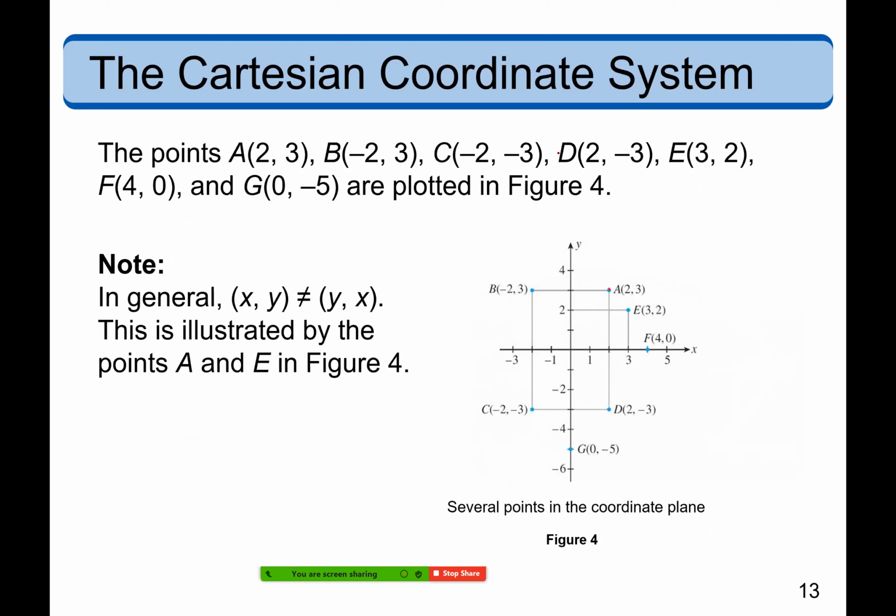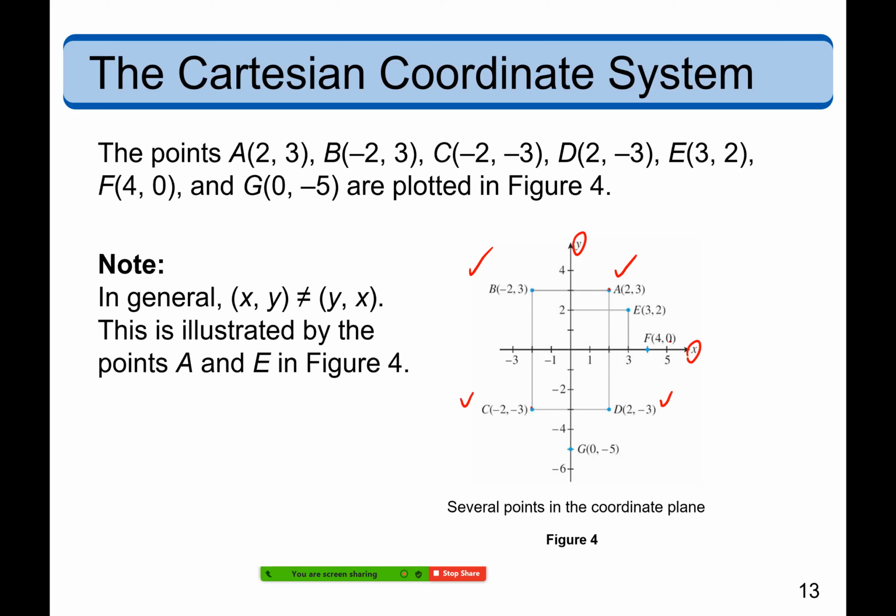So from this accurately constructed graph, as you can see, again, point A and point B are symmetrical with respect to the y-axis, right? And also point B and point C are symmetrical with respect to the x-axis. Okay, and then point C and point D are symmetrical with respect to the y-axis again.